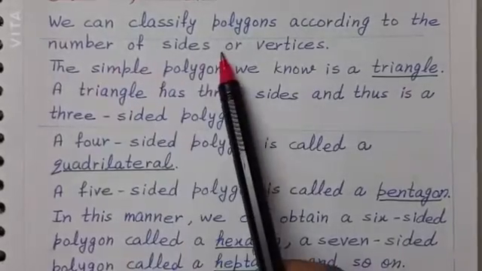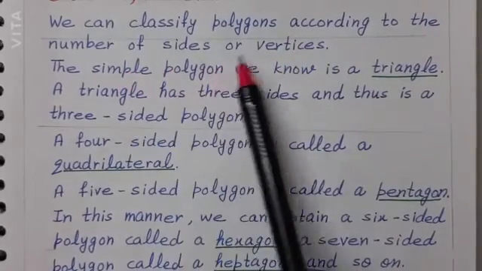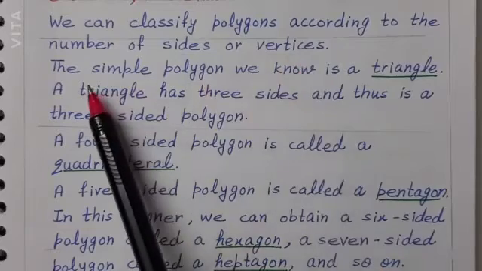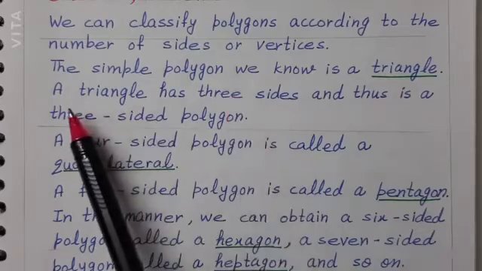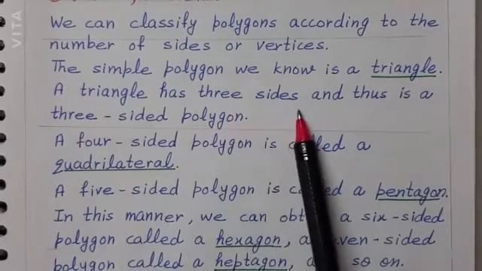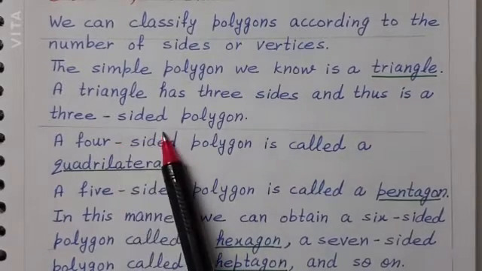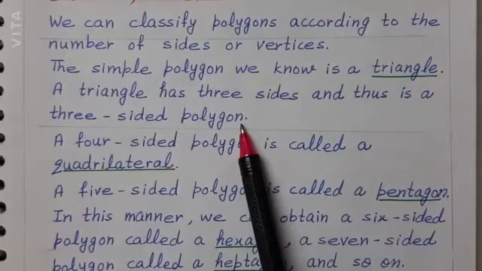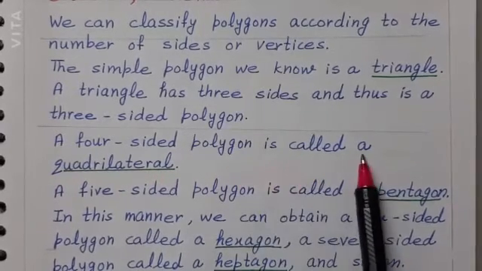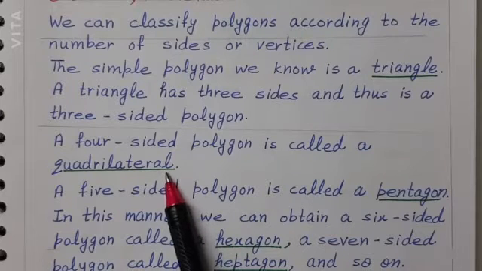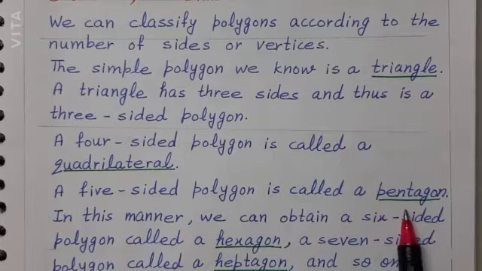We can classify polygons according to the number of sides or vertices. The simple polygon we know is a triangle. A triangle has 3 sides and thus is a 3-sided polygon. A 4-sided polygon is called a quadrilateral. A 5-sided polygon is called a pentagon.